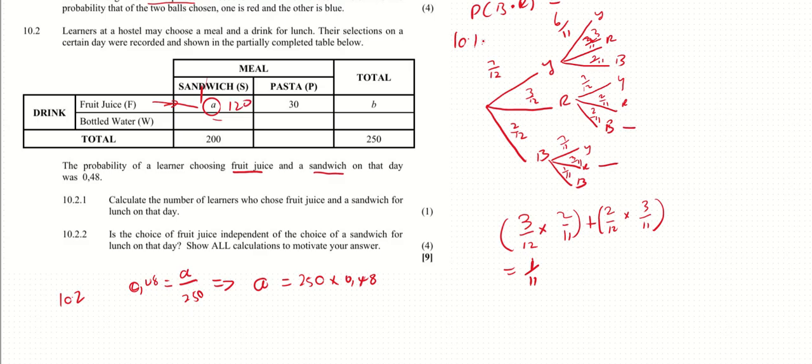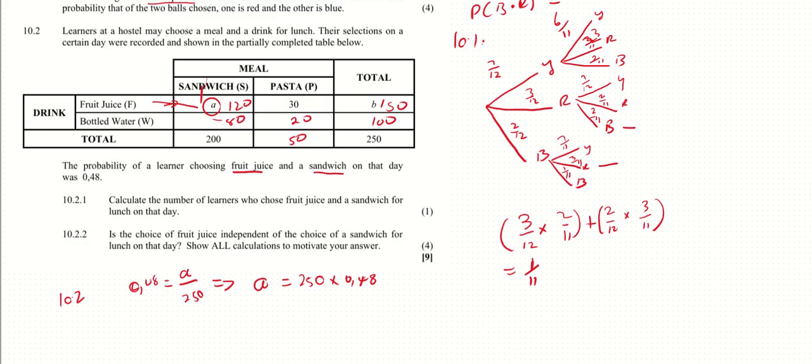If this is 120, what is B? B is 150, then this is 100. Then this makes it 80, then 20, then we have 50, which is 250. So this is the table.